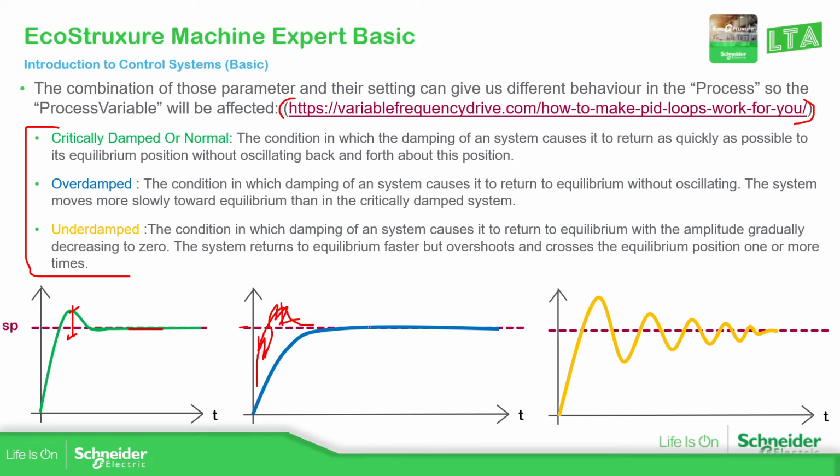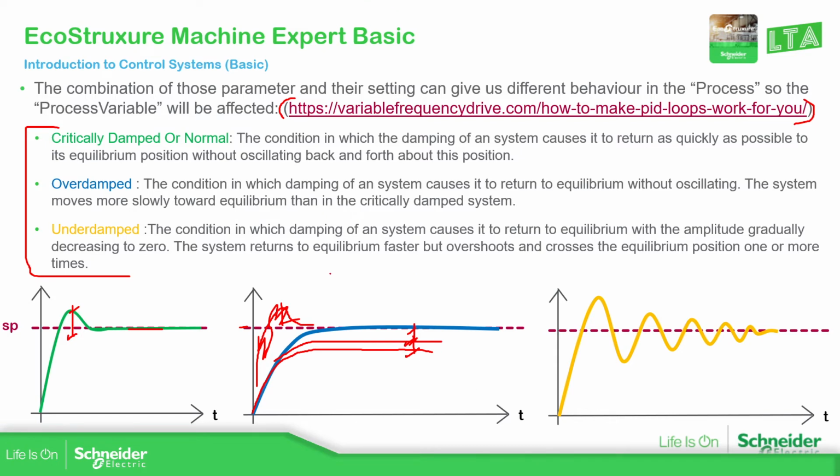Depending, for example, on the value of the integral part, you have the error in the stationary state that will be affected by the integral part.